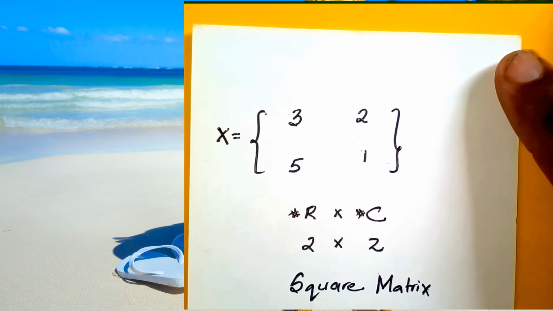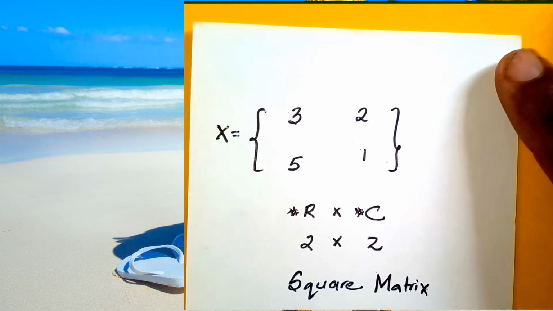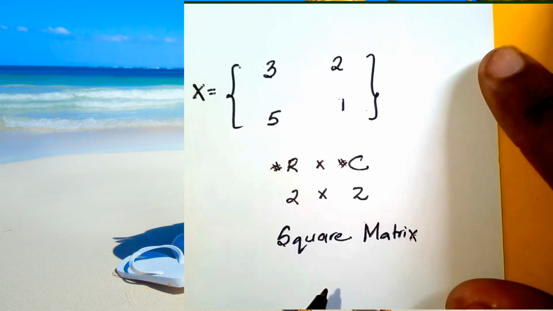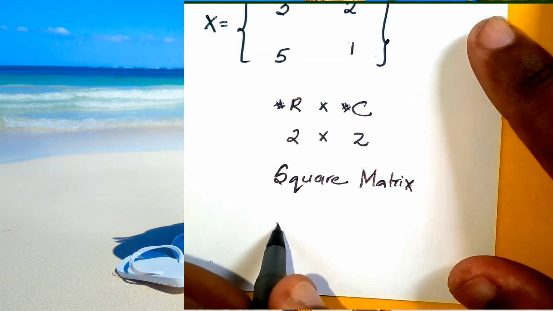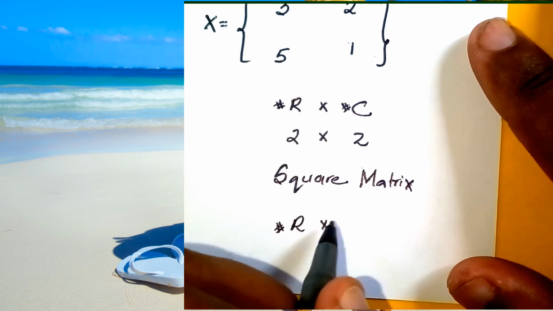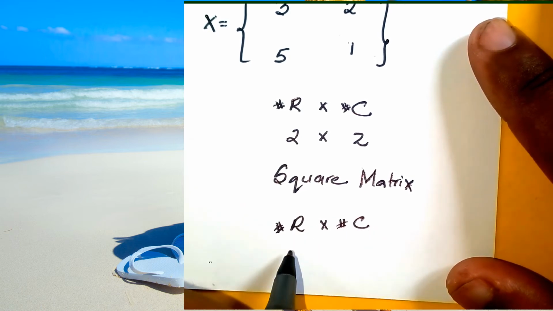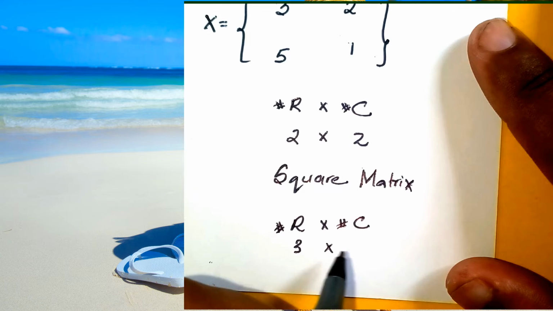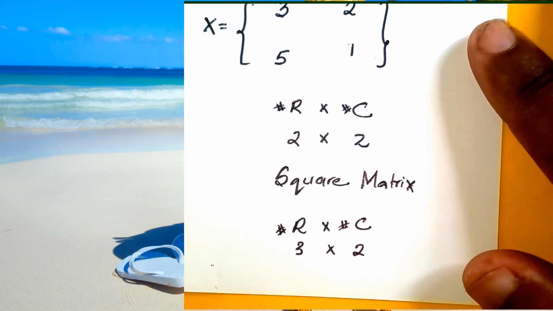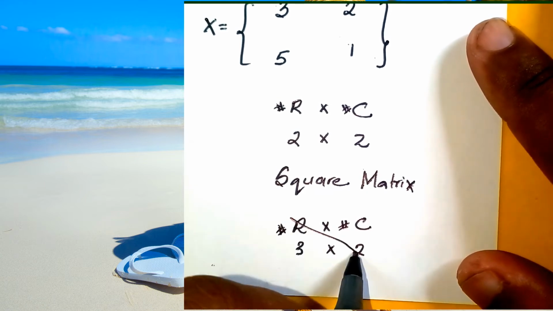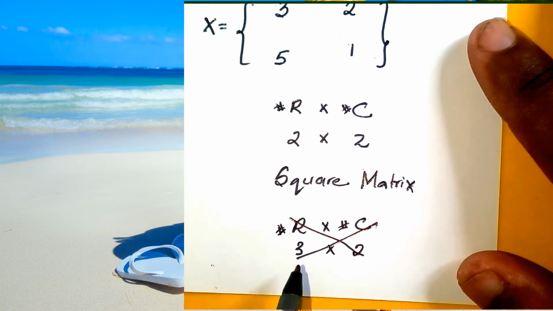And if it's not a square matrix and it looks like a quadrilateral, then it's supposed to be a rectangular matrix. For example, if you had an order, number of rows by number of columns, if it was 3 by 2, then this is not a square matrix, because the number of rows is not equal to the number of columns.